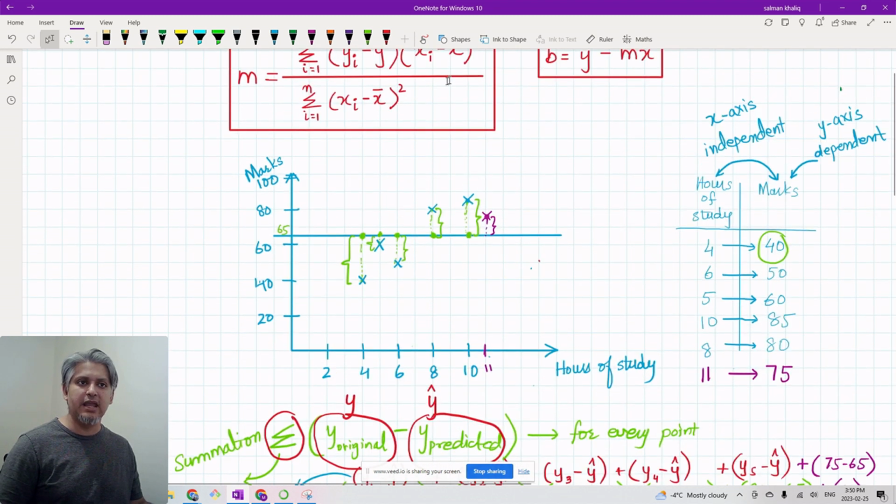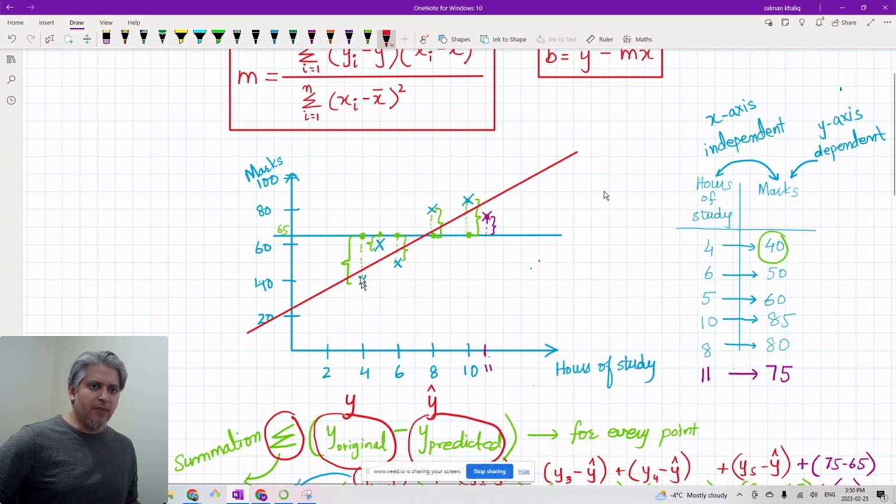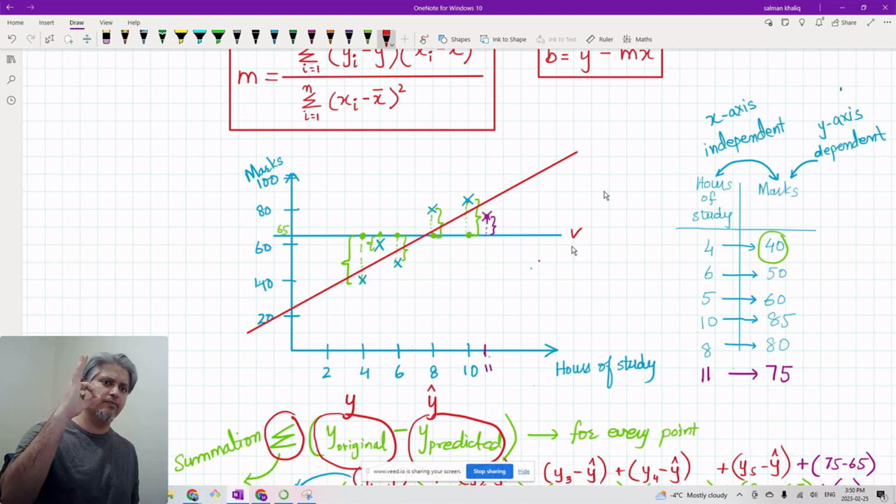But let's make a best fit line. Because I can see this line is not a best fit, I can get a better fit with this line. Because with this line, it seems like the distance from every point to the line is comparatively less than for the other one. But how come this line is telling me the error is 0?